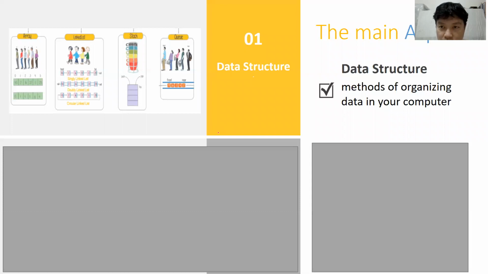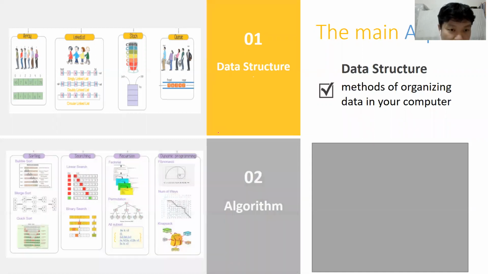After we learn about the data structure, in this course, I will also explain the algorithm. What is an algorithm? The algorithm means something that is related to a process. So you need to understand the process of something.